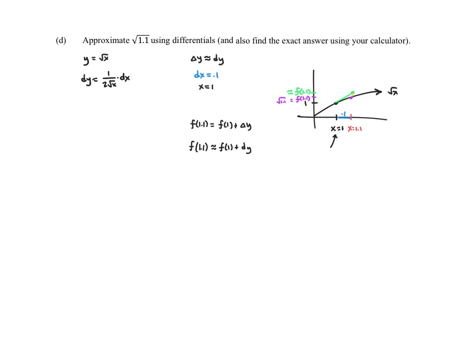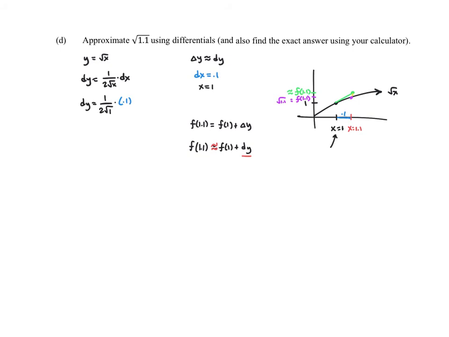So here's the difference. When you're working with dy, you get an approximation. When you're working with delta y, you get an exact value. Okay, so let's find dy. dy equals 1 over 2 root x. I know x is 1. dx is 0.1.